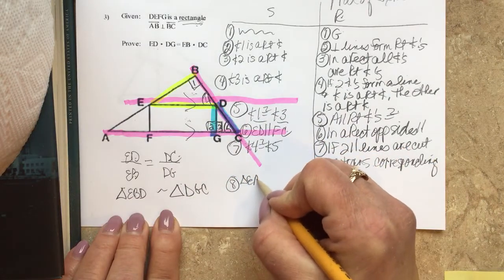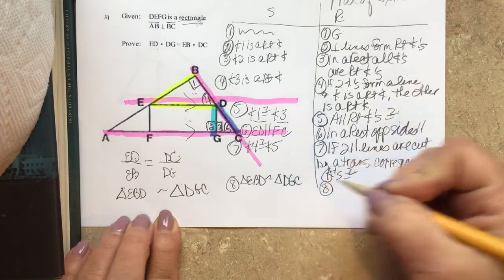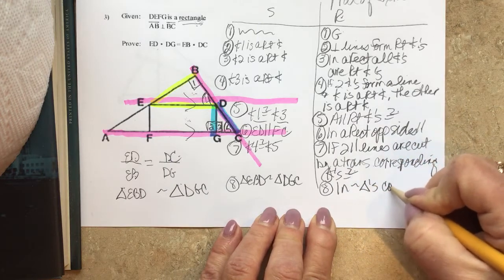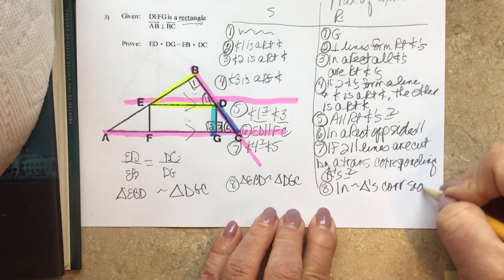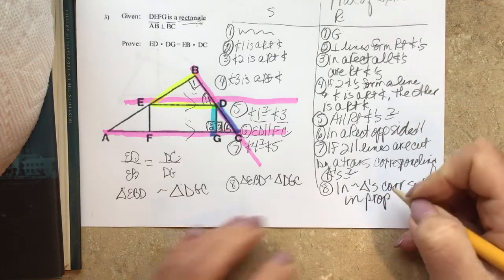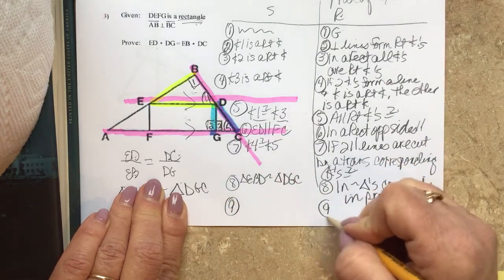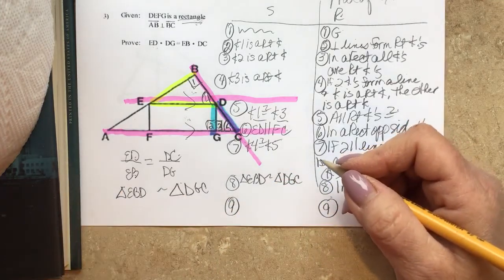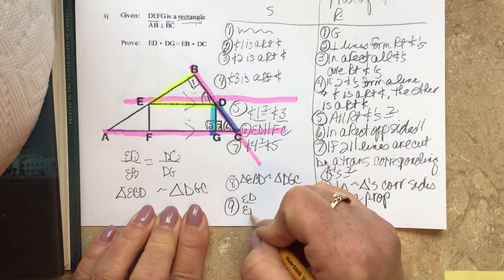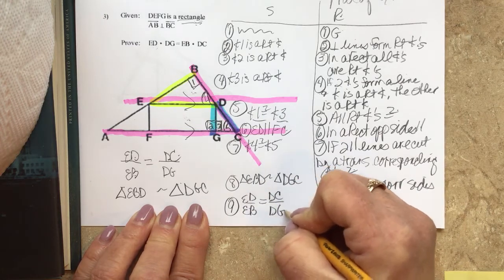Triangle EBD is similar to triangle DGC, because in similar triangles, corresponding sides are in proportion. Number 9. ED to EB equals DC to DG.